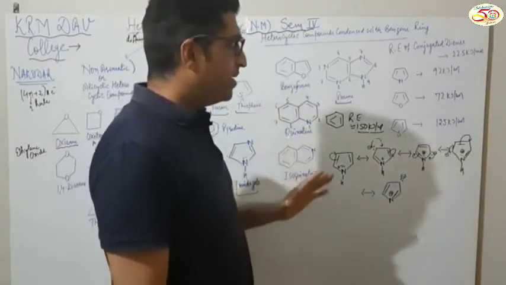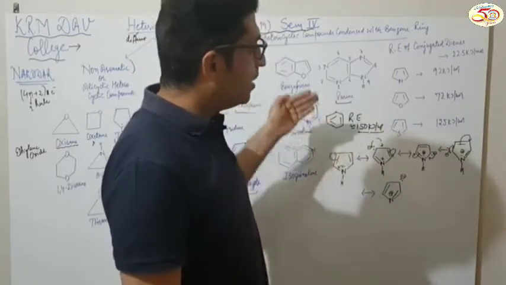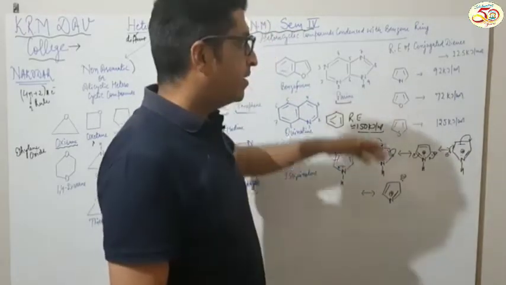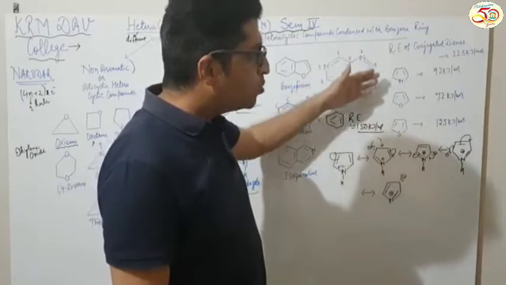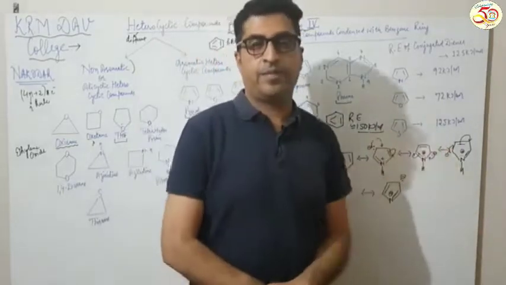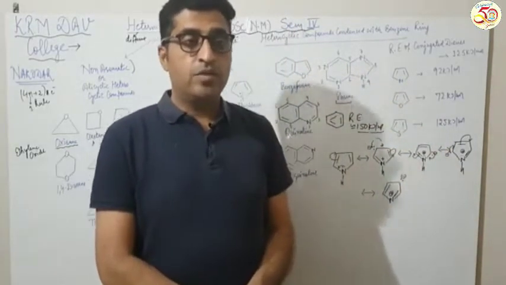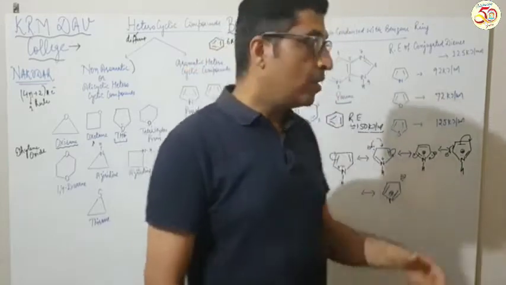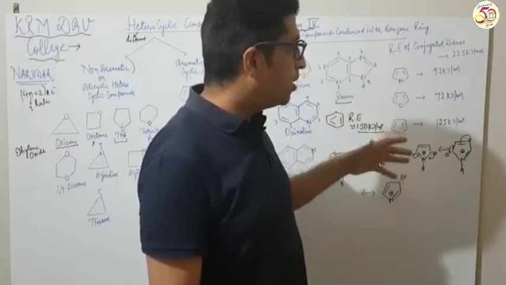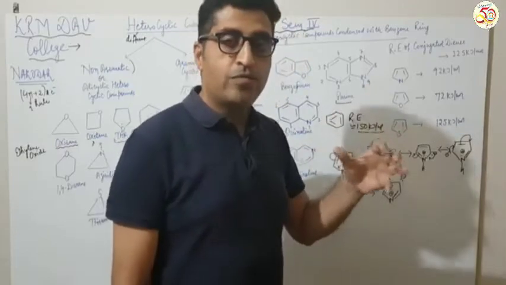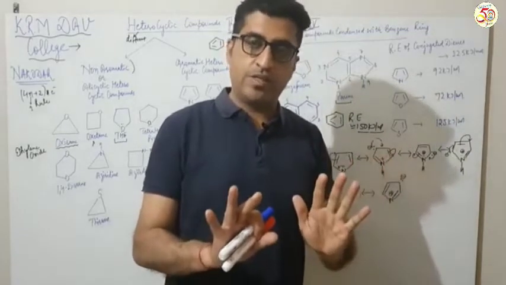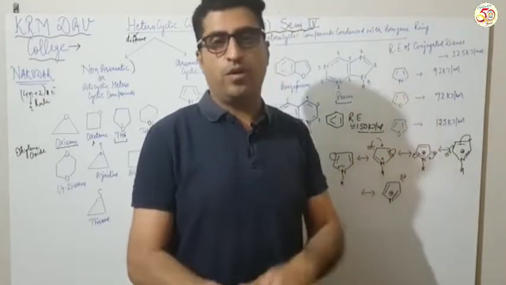Okay, and if benzene is showing electrophilic substitution reaction, then definitely the rest of the molecules will also show electrophilic substitution reaction. Then, students, the question comes, out of these molecules, which molecule is showing maximum electrophilic substitution reaction? Now, the thing is clear that electrophilic substitution is the characteristic feature of these molecules.